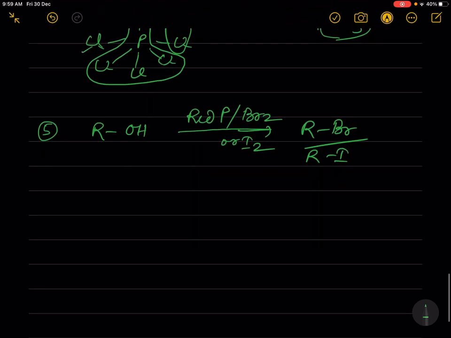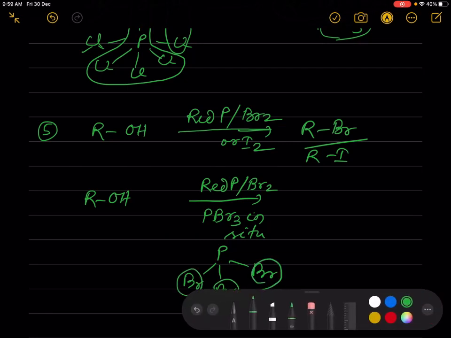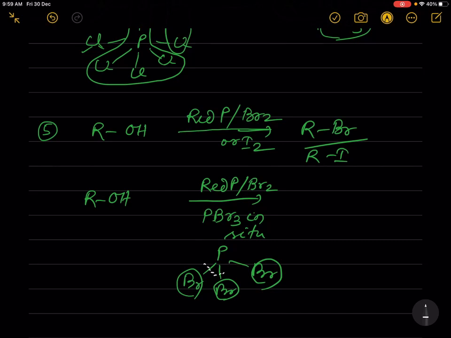You see, alcohol on treatment with red phosphorus and bromine gives PBr3 in situ. During the process you will get PBr3, because PBr3 cannot be kept for a longer period as bromine atoms are bigger in size, so these bonds break easily. So this is an unstable compound, so it is prepared during the process.